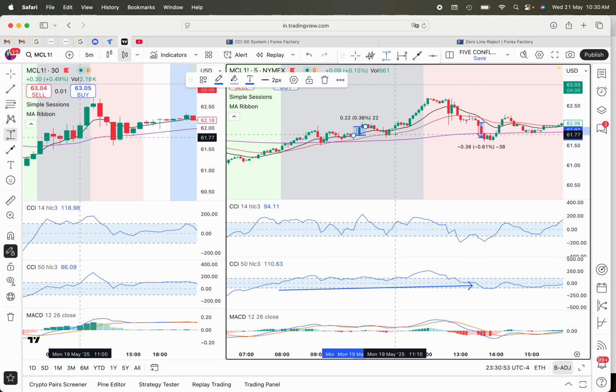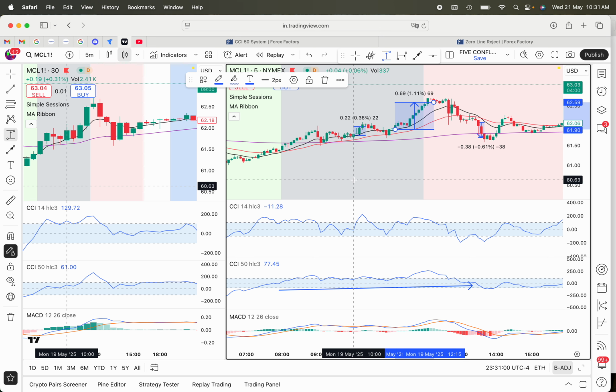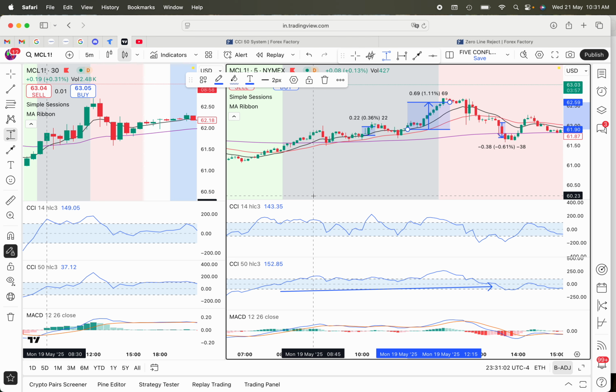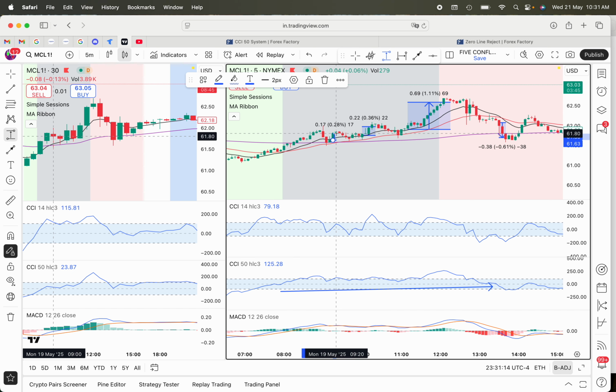You can see here it broke out through, yeah, it pulled back on you a bit. You could take a 0 line recrossing: you can see it broke through there, came down and then came back through the 0. You could have taken that. That would have been around about here, a very small scalp, and same with these ones here.